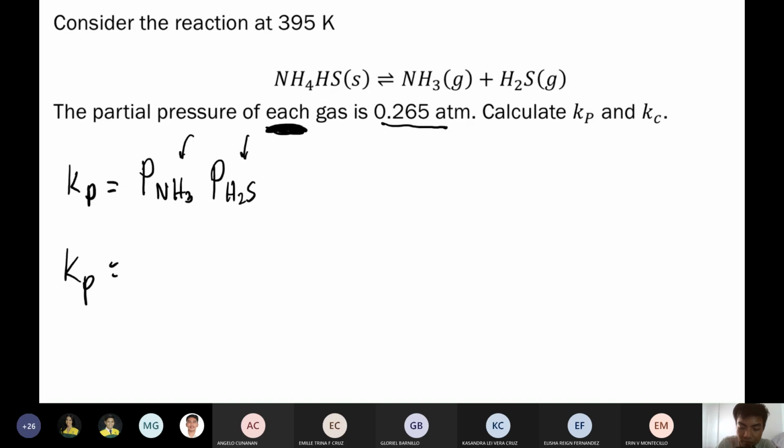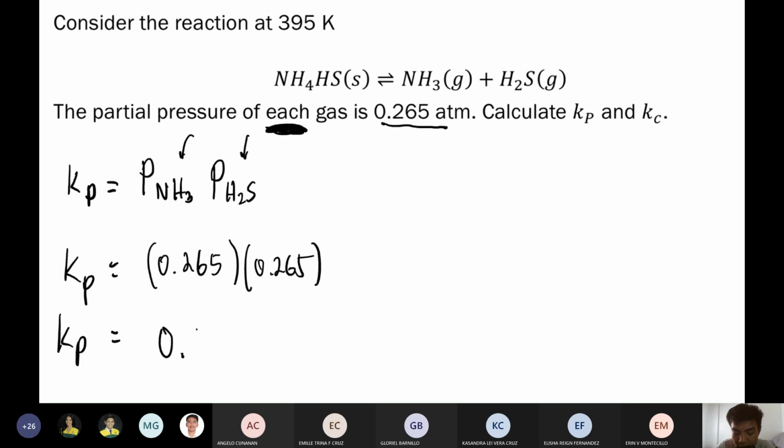So, that means, imumultiply lang natin yung same number twice, no? 0.265. So we will get Kp, and that is 0.07. Tama ba pagkakaalala ko? Check ko nga. Okay, that's 0.07 in 2 decimal places.